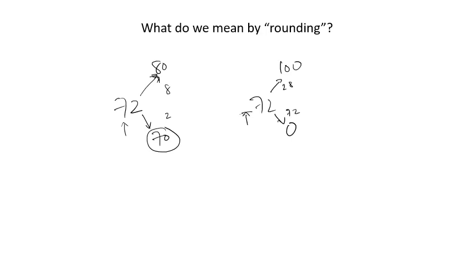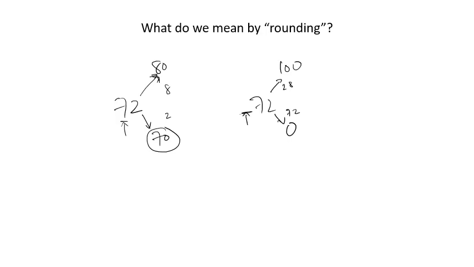But when we talk about it, we have to be talking about it in regards to a specific place value, and we're going to think about which one is closest using that place value as the unit of measurement that we're going to be using for this problem.